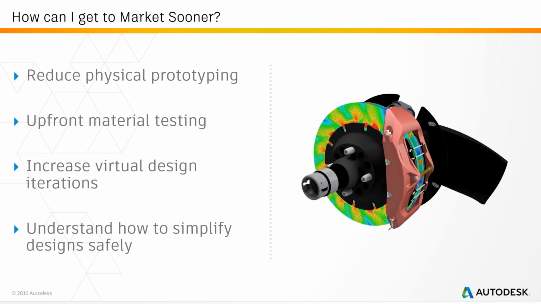Get them to market quicker. So can we reduce the number of physical prototypes that have to be made? Can we do this virtually? Can we get to a final prototype much quicker? Can we evaluate the materials up front much quicker?